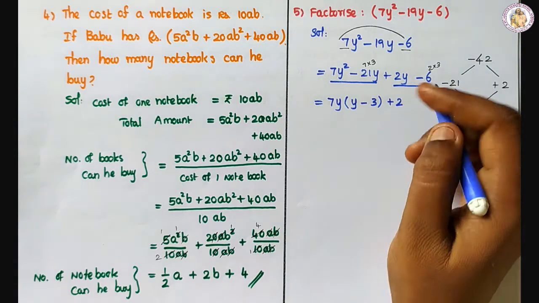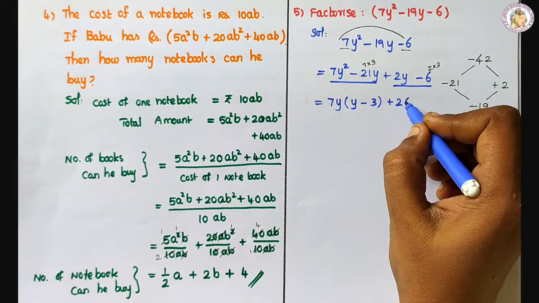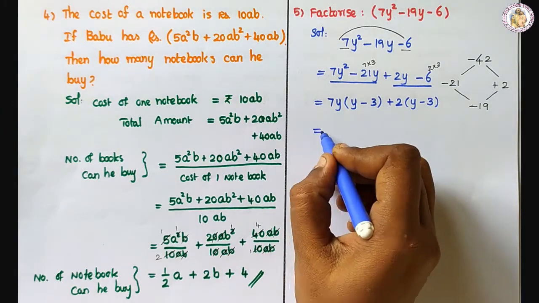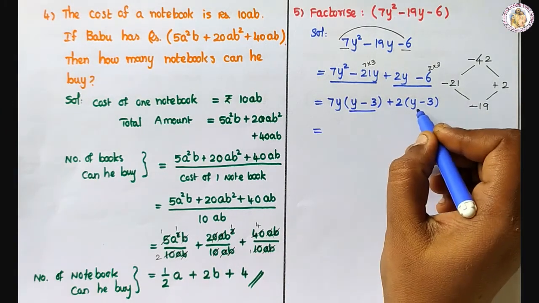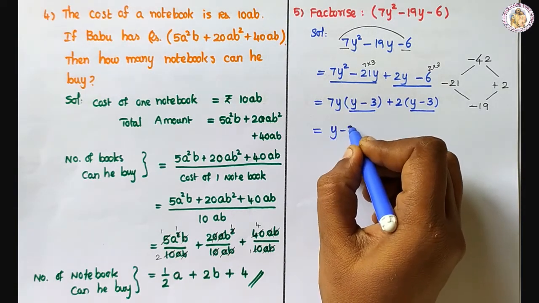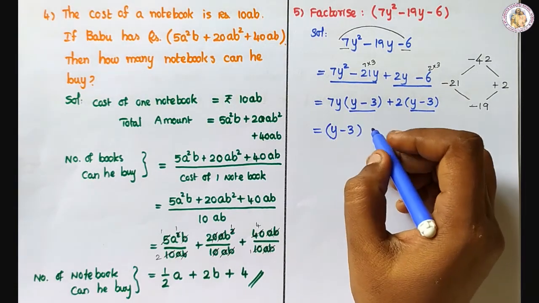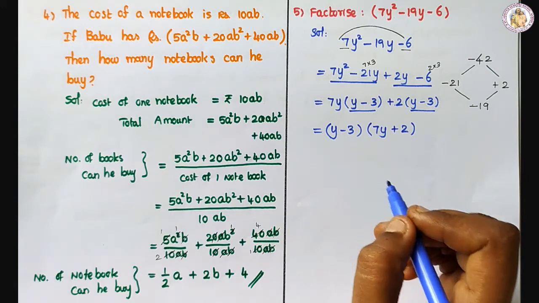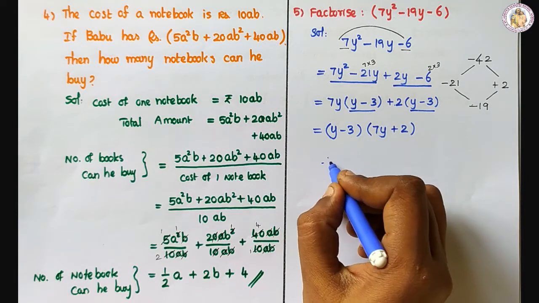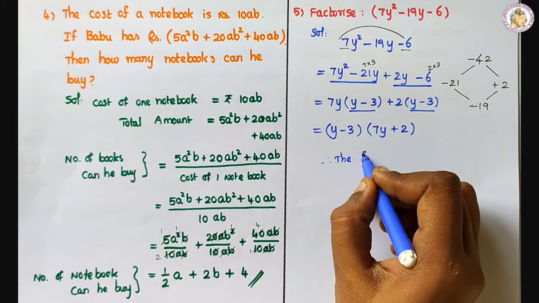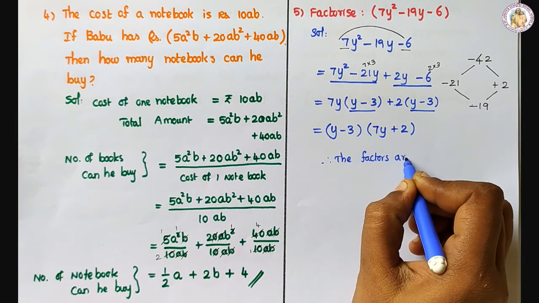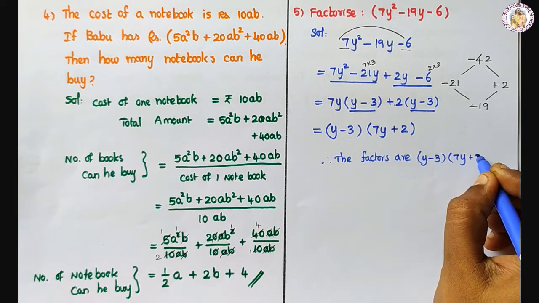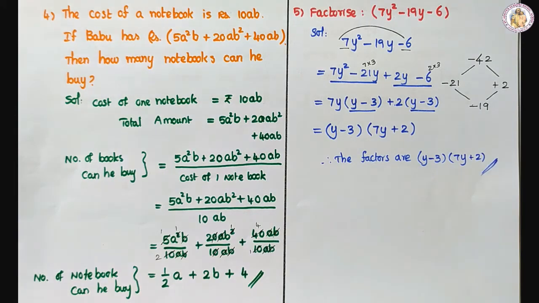So 2 is common here, take it out and we get y minus 3. Now here also y minus 3, here also y minus 3, so take it out as common. What is remaining here? 7y plus 2. So the factors are y minus 3 and 7y plus 2. That is the answer.